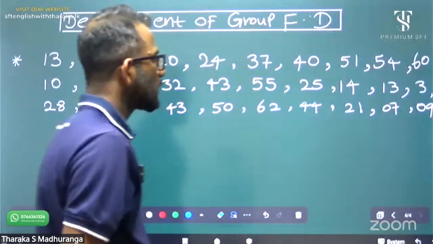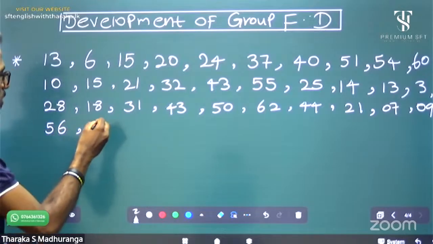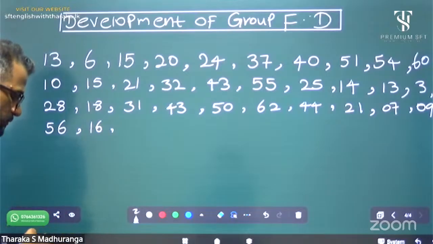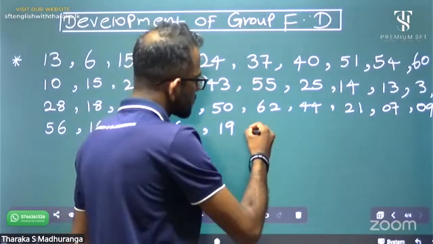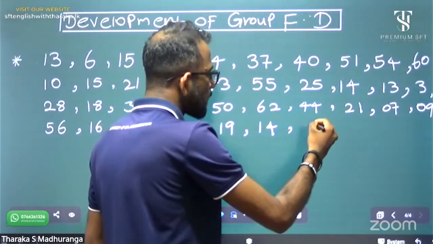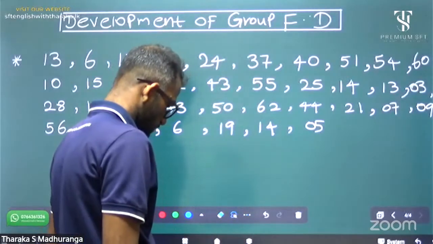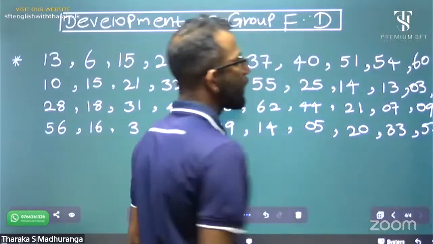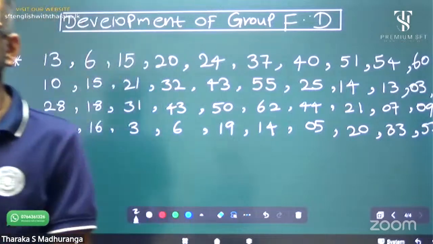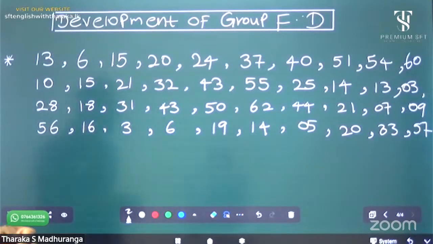Zero 9 means 9, no? 9. 3 means 3. 57 final. 57.